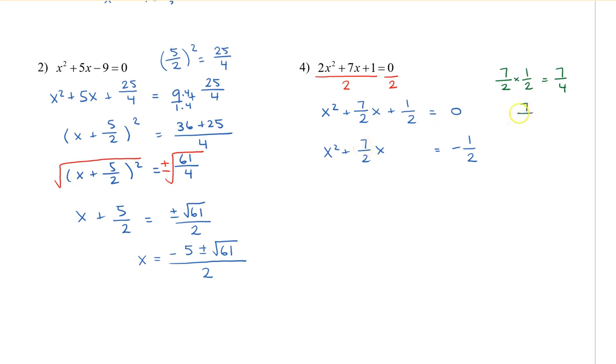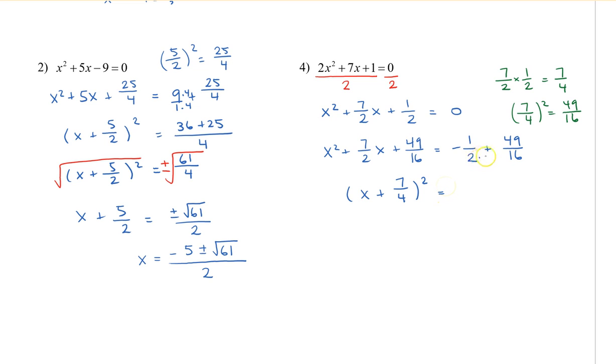And then 7 over 4 needs to be squared, so I get 49 over 16. That is the number that I'm going to add to my left side and also to my right side. And on the left, I'm going to factor. So this becomes x plus 7 over 4, all squared.